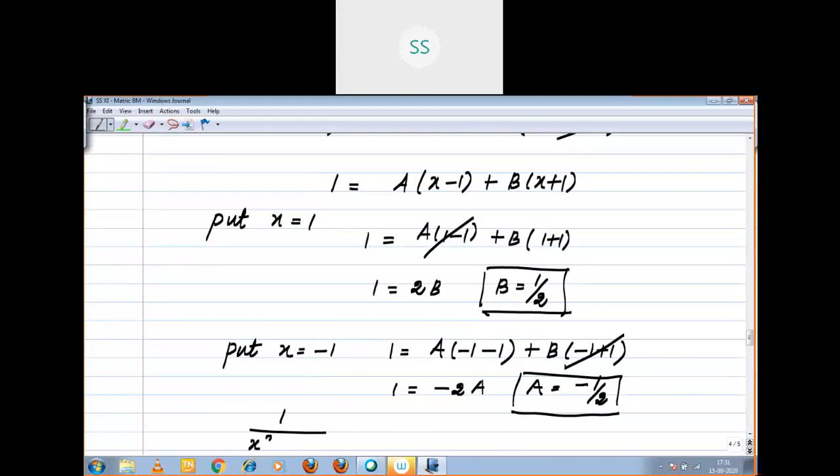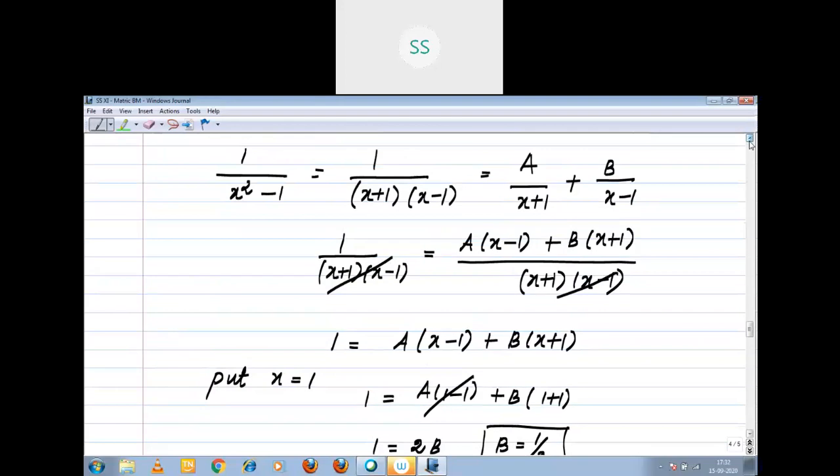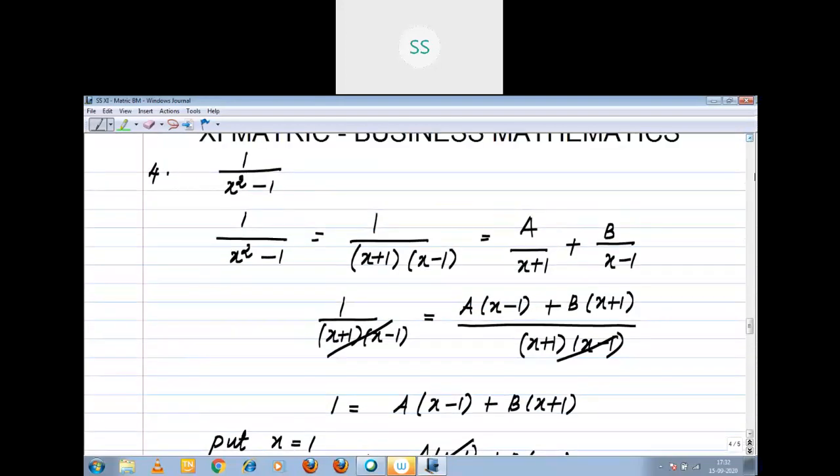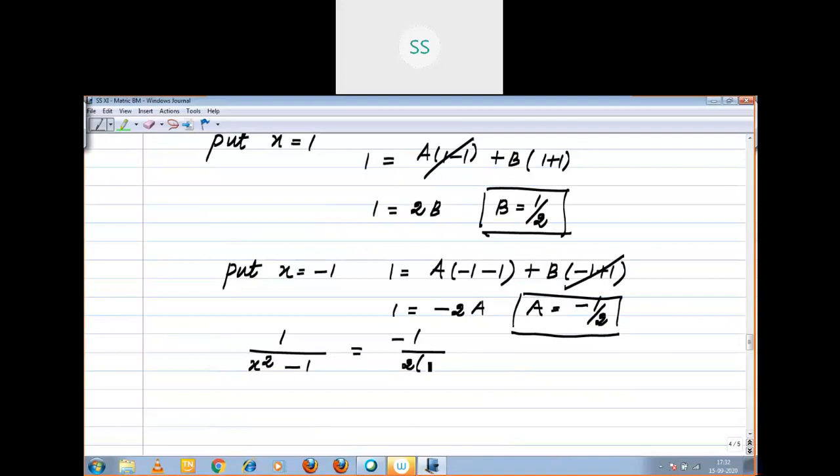Now, the single fraction, I wrote it in terms of simple fractions. How I split it, I want you to know, right? A by (x + 1), so A is −1 by 2 divided by (x + 1) plus 1 by 2 divided by (x − 1).